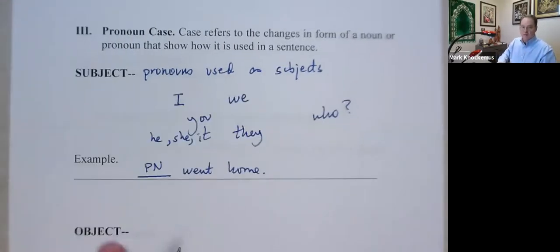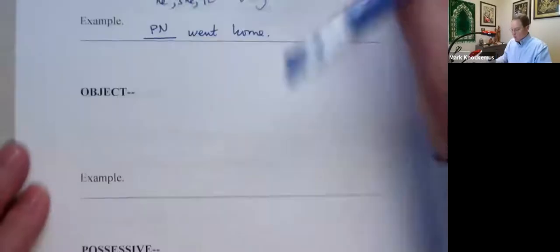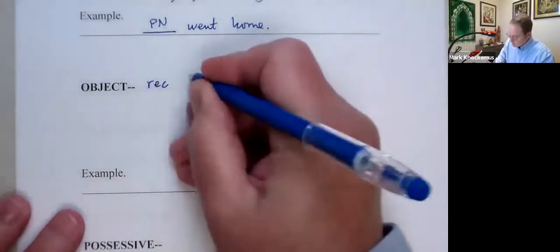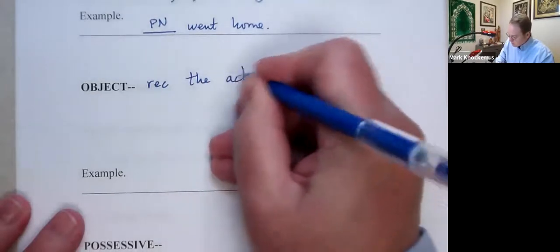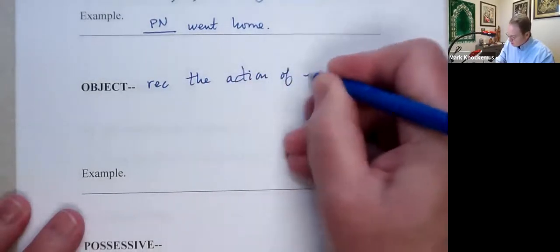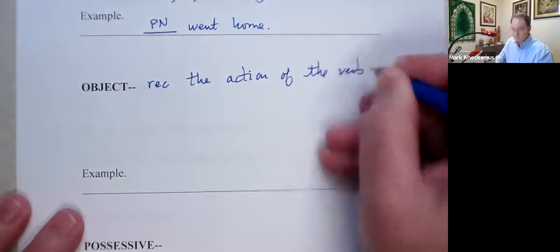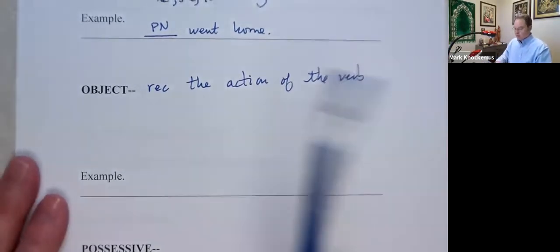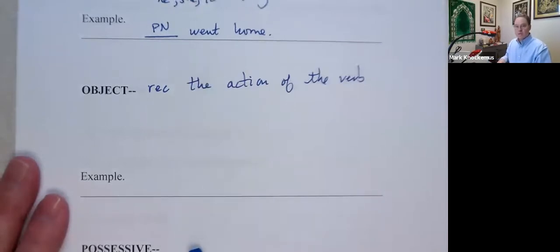Subjects are different than objects. An object receives the action of the verb. It's very different from doing the verb to receiving it.